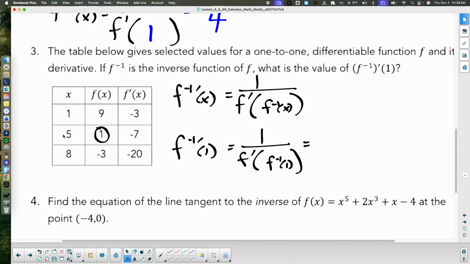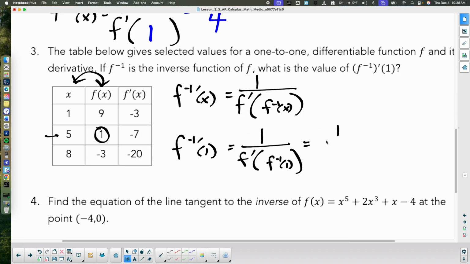So then the answer would be? Perfect. So for the inverse information, you're going to swap the x and the y columns. That's traditionally what they will do on the AP test: they will give you a table that has f, and you have to figure out f inverse from that.